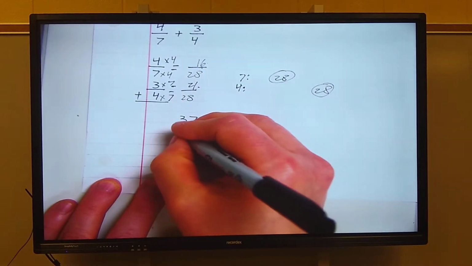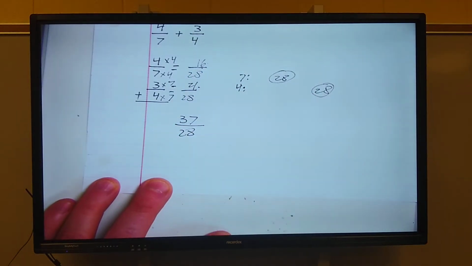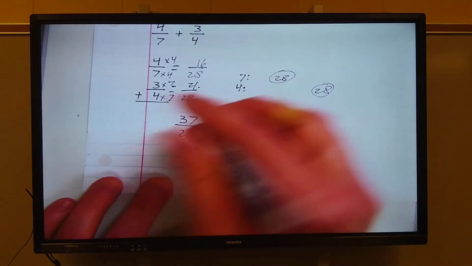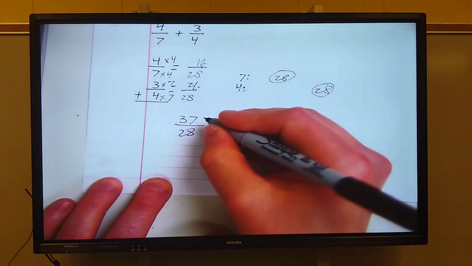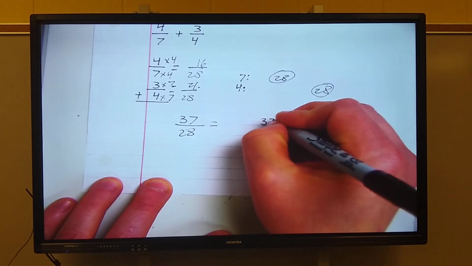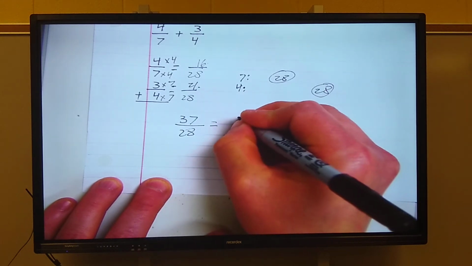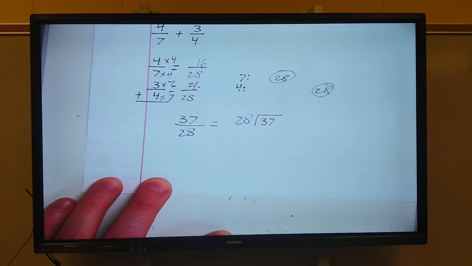And then the denominator stays the same. Now I must ask myself the important question, is this an improper fraction? And it is. That means I must take my numerator, 37, and divide it by my denominator, 28.